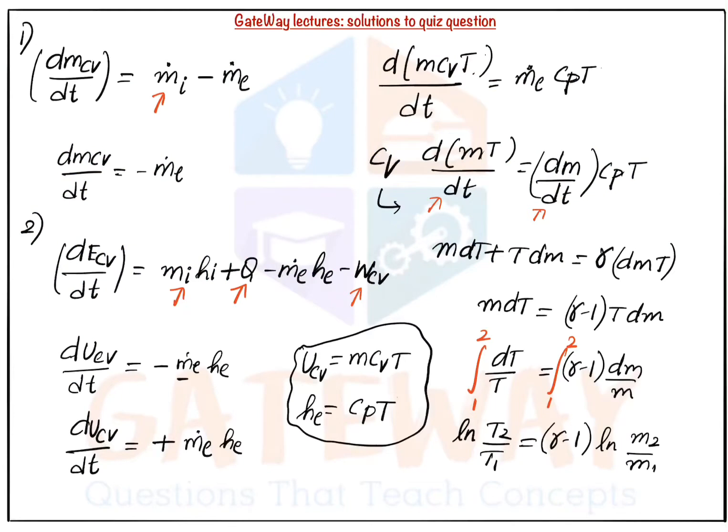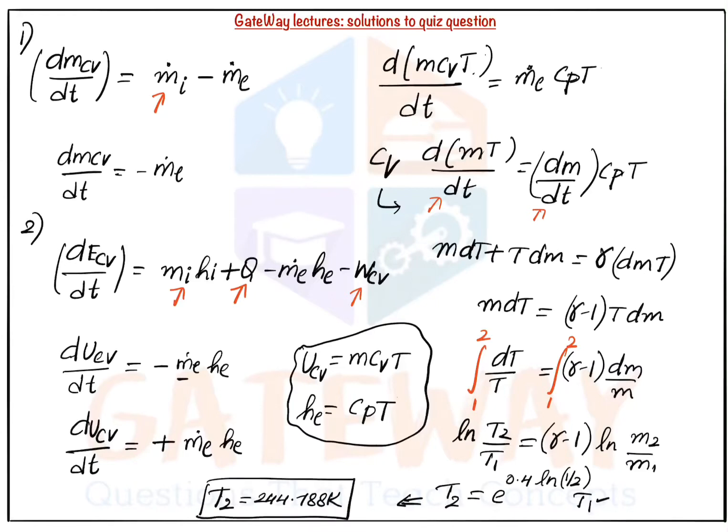Then from that we will get the temperature T2 as e power 0.4 ln (1 by 2) into T1. By substituting the value of T1 we get the value of T2 as 244.788 Kelvin. Thus the final temperature was known.